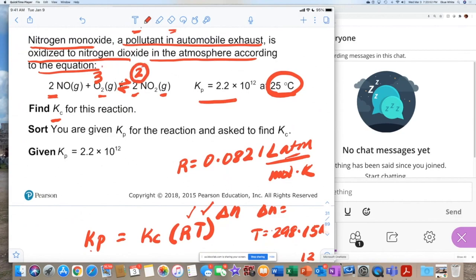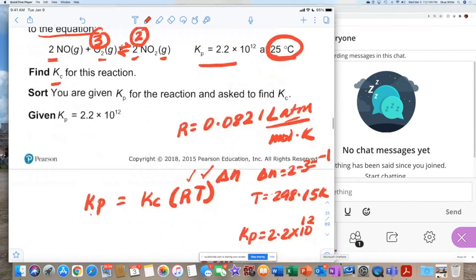So product minus reactant. So I get 3 minus 2 equals... Product minus reactant. Oh my goodness, brain, keep up. 2 minus 3 equals negative 1. I'm talking to my brain. 2 is the product, so it's the final moles, product moles minus reactant moles, equals negative 1.